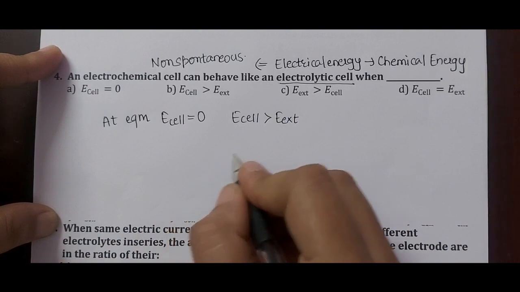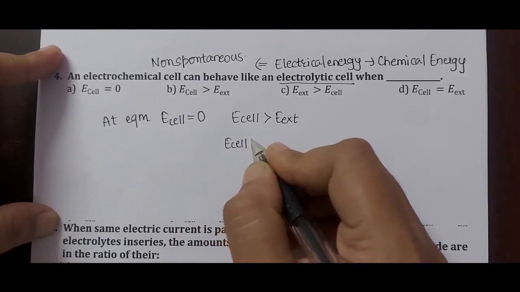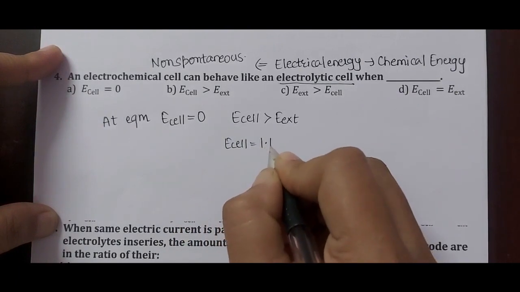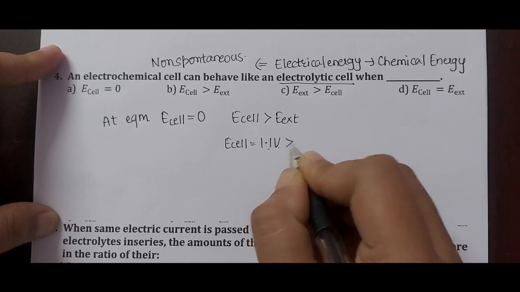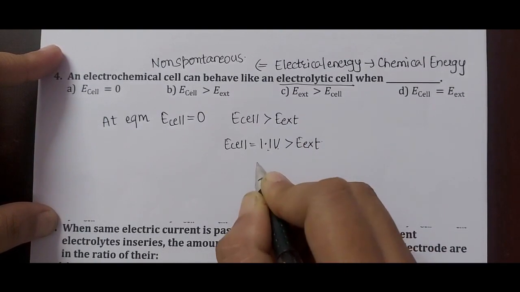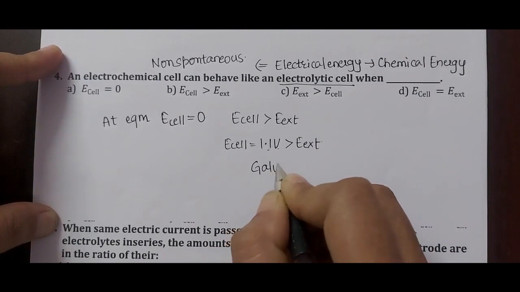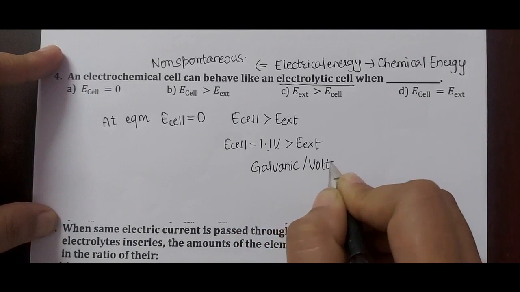The Daniell cell, E cell we have calculated in the first question. It was equal to 1.1 volt. So if 1.1 volt is greater than the external current applied, then it is acting as a galvanic, or you can say voltaic cell.